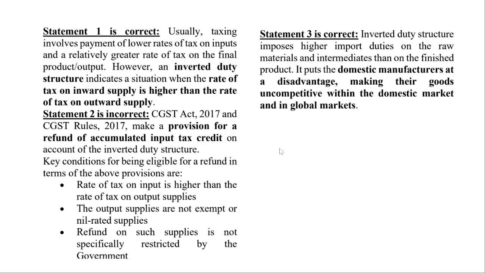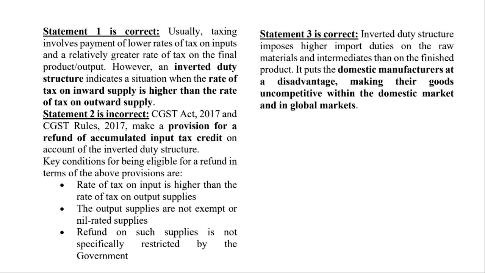For example, if you want to manufacture steel, what you need are several chemicals, iron ore for the smelting process, etc. Usually in the normal duty structure, iron ore is supposed to be cheaper, and once you make the final product, that is the final steel bar, that is supposed to be more expensive because there is some value added.